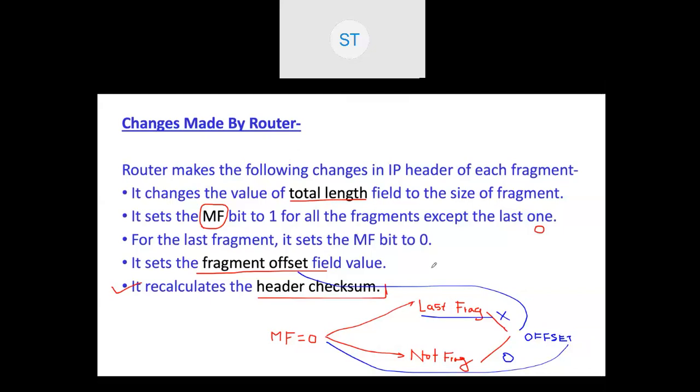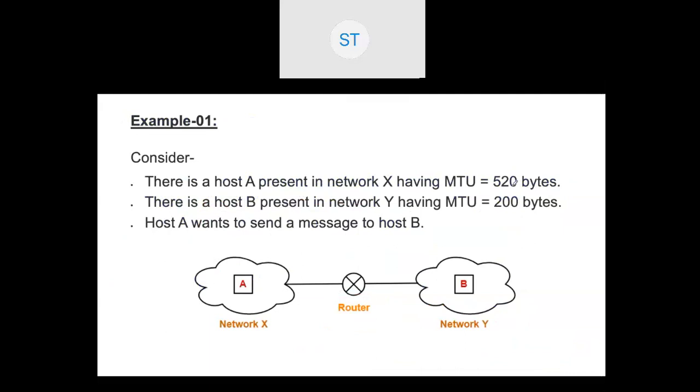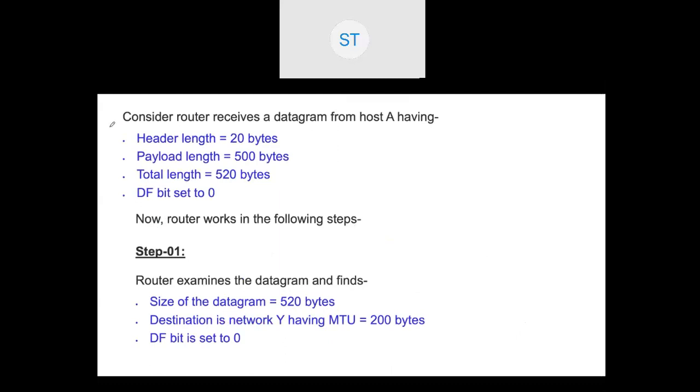Now we'll solve problems so that you can understand the things. Host A in network X with MTU 520, host B with MTU 200 bytes, and A wants to send the packet to B. Now the router receives the datagram with these fields. Take this, because last time I asked you to sit with pen and paper.